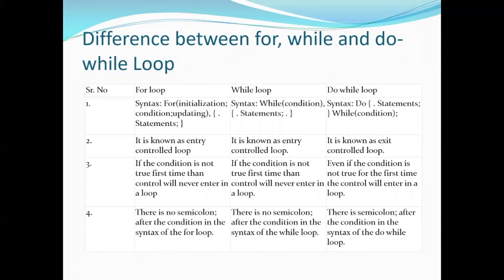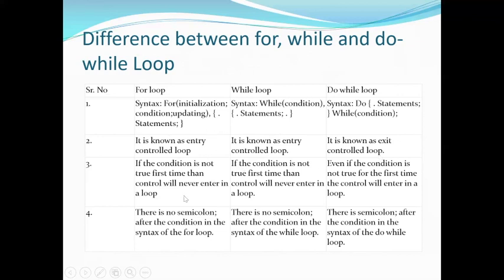If we write the syntax, there is no initialization and increment part in both of these loops. Another difference: the for loop is an entry control loop, the while loop is an entry control loop, and the do while loop is an exit control loop.